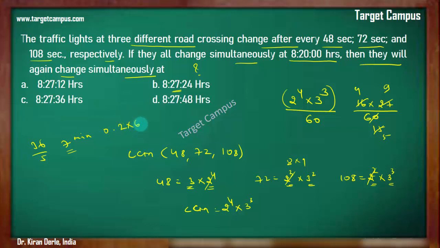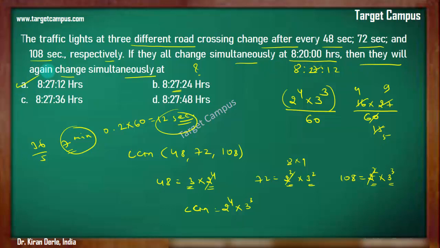Multiplying 0.2 minutes by 60 gives 12 seconds. So 7 minutes and 12 seconds. After this 7 minutes and 12 seconds, 20 plus 7 will be 27. This should be the right choice.